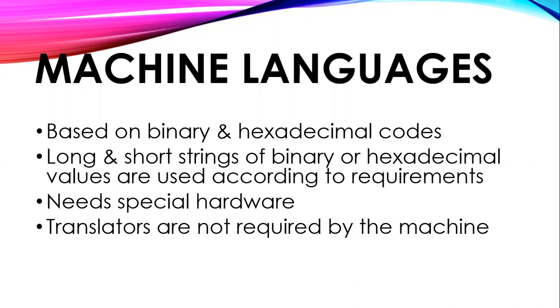An old computer system has its own machine language. A single machine language cannot be used for multiple computer systems. Translators are not required by the machine, since hexadecimal and binary codes are the own codes of a computer system. Then there is no need of a translator.